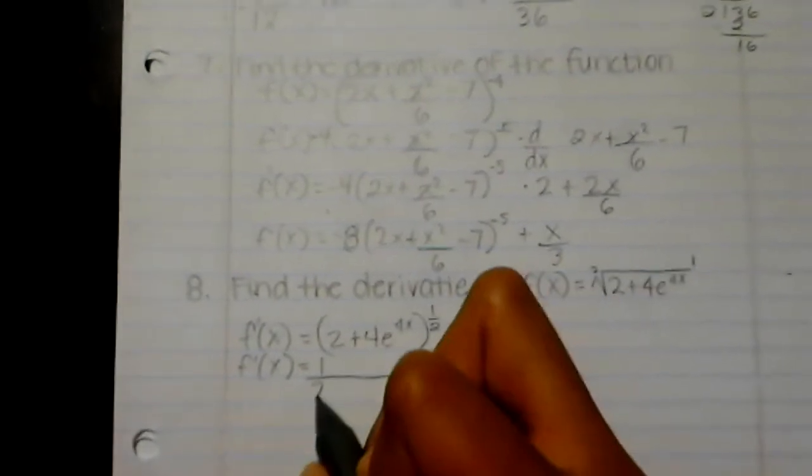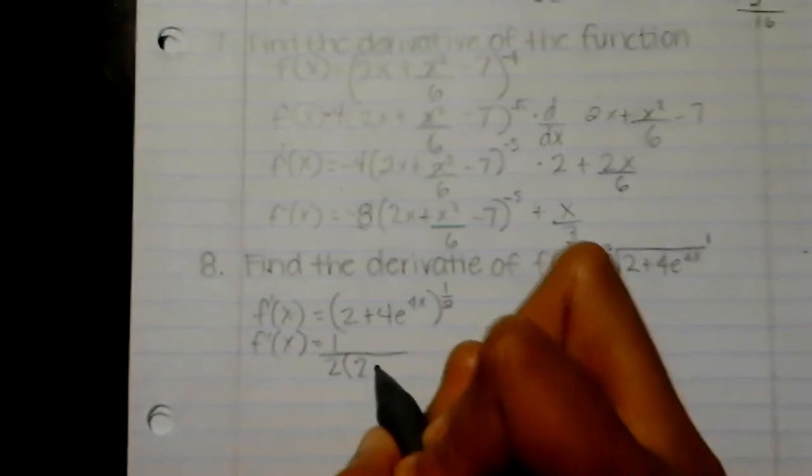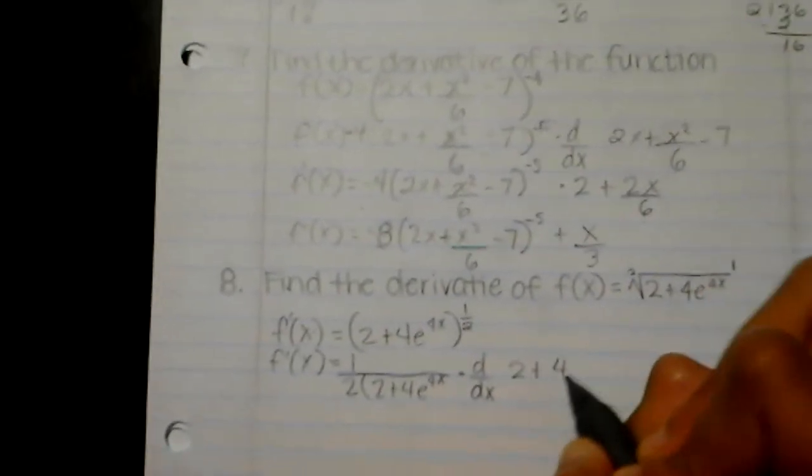So I'm going to prime my function, multiply the 1/2 in front of the equation, and then I'm going to put the equation down here, 2 plus 4e to the 4x, times the derivative of this inside function, which is 2 plus 4e to the 4x.